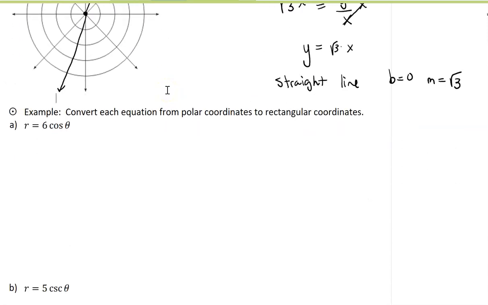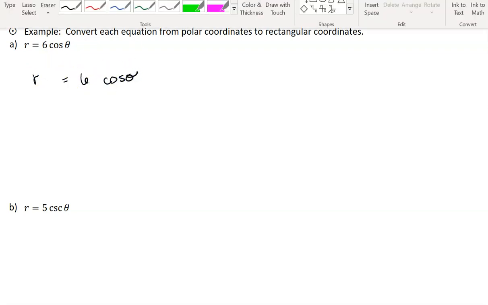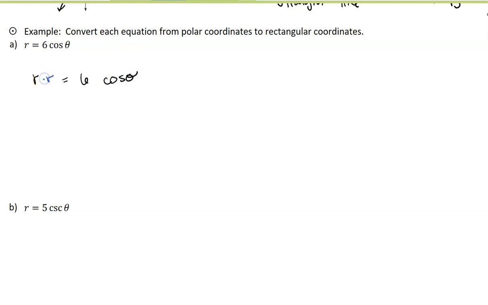Okay, let's just do some more conversions, not graphing. I've got r equals 6 cosine of theta. Now I don't have the r here yet, and I can't move anything around to get it just yet. But what I can do is take this equation and multiply both sides of it by r. That's perfectly legal because you've done the same thing to both sides of the equation.